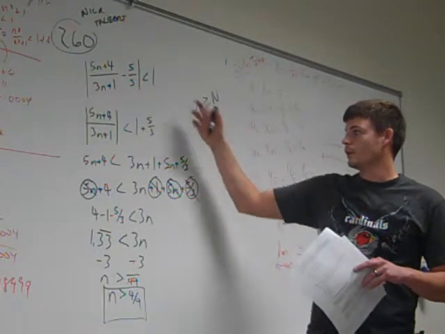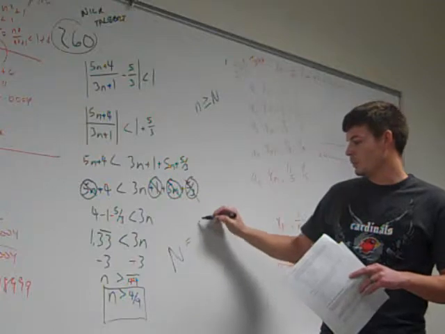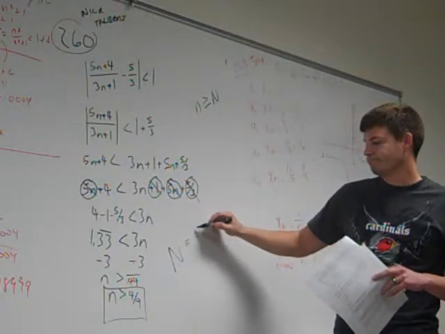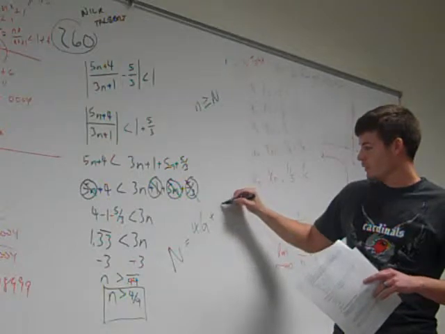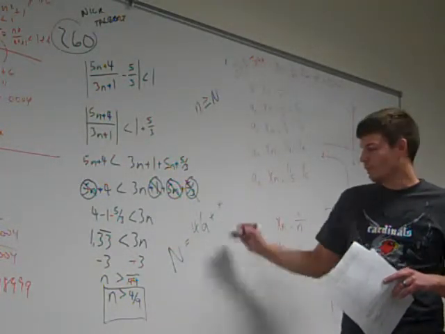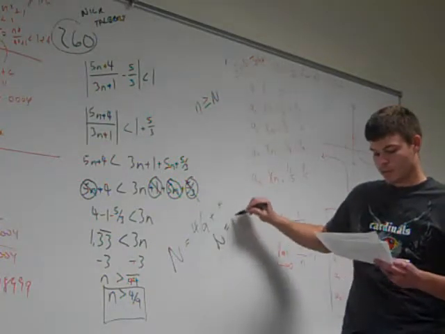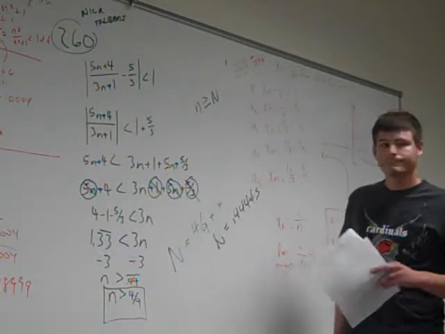But we're trying to figure out where it's less than 1. So capital N would have to be somewhere around 4/9 plus a really small number. Or we can just say capital N equals 0.44444, and at some point round it up a little.